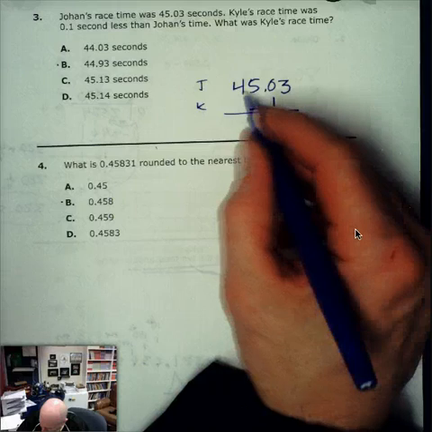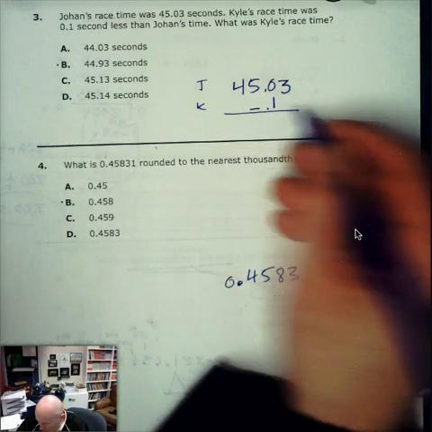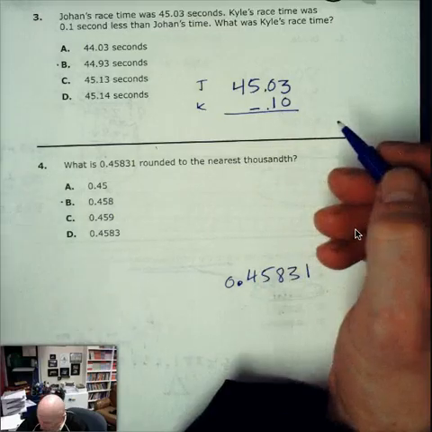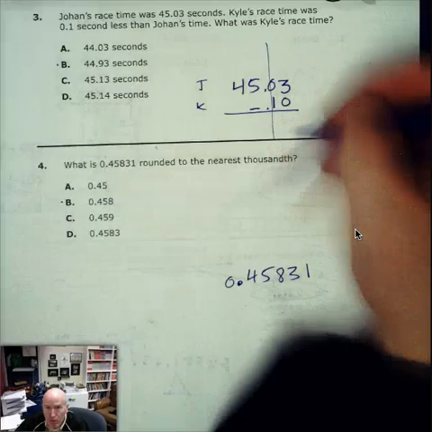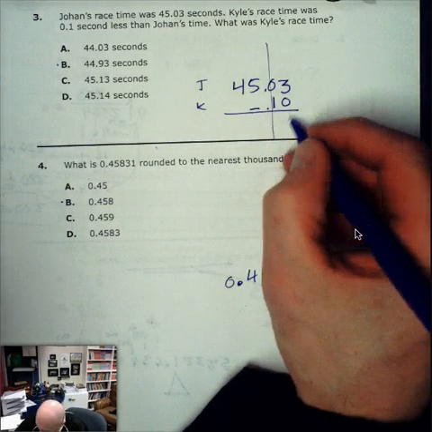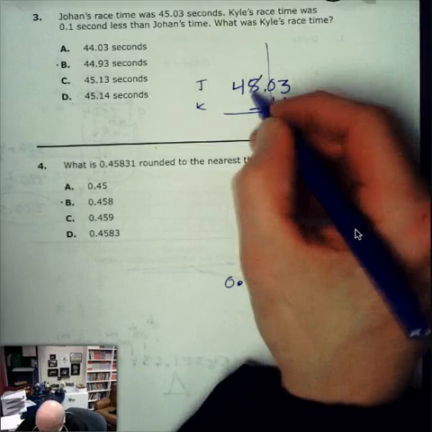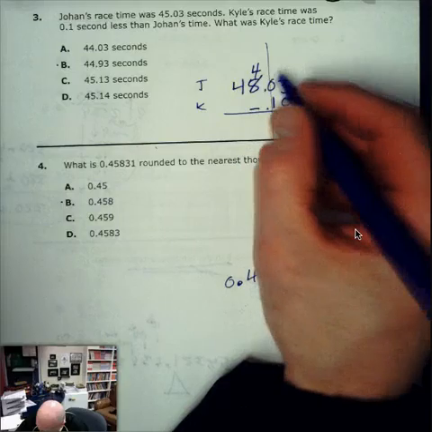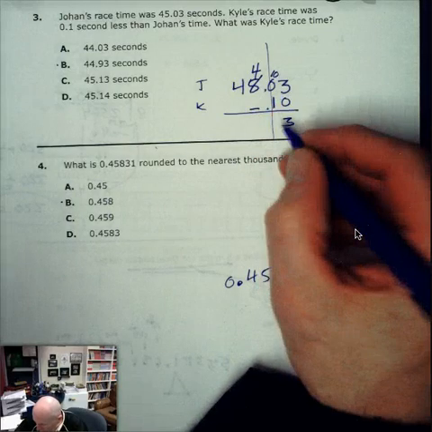So 45.03 minus 0.1. Now I don't like that, so I put a placeholder in there, 0.10. It helps me out. I've got my decimals lined up here. That's what's important when adding or subtracting decimals. So 3 minus 0 is 3. 0 minus 1, I can't do that, so I'm going to go over here and I'm going to trade. That becomes a 4. Now I've got 10 here. 10 minus 1 is 9.